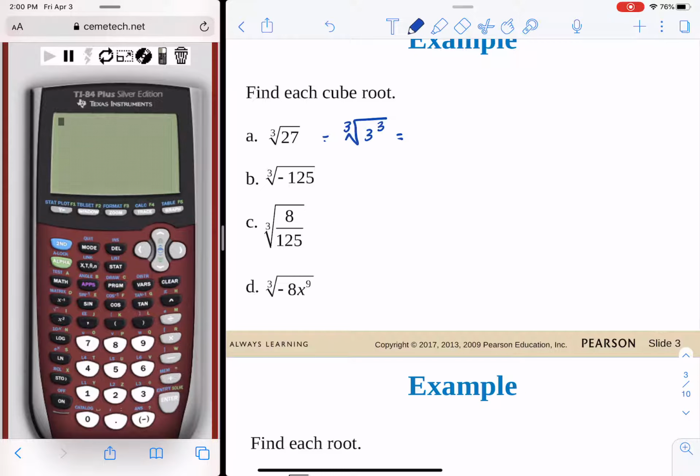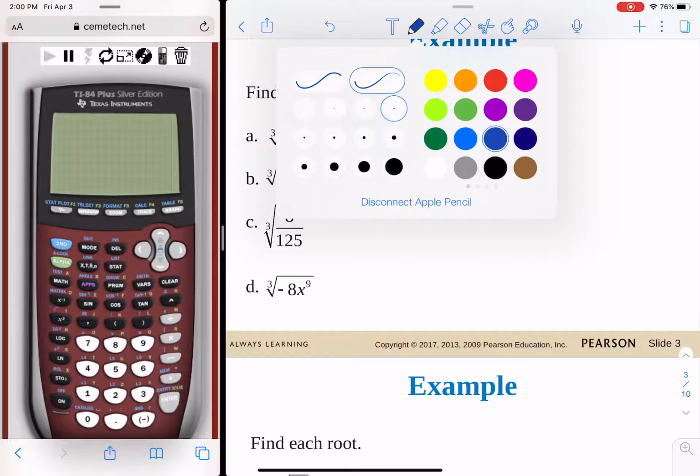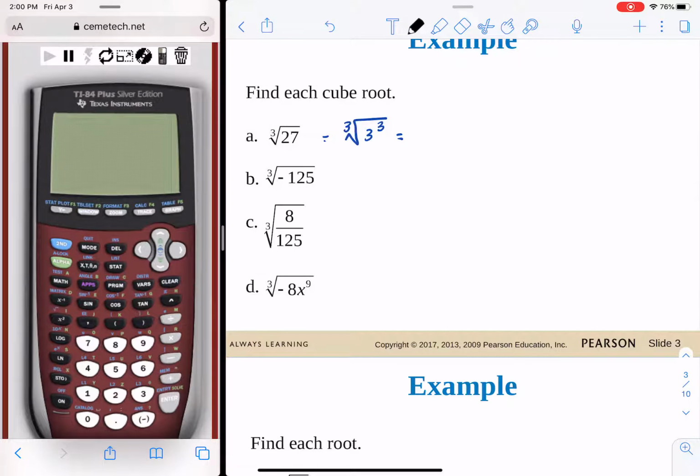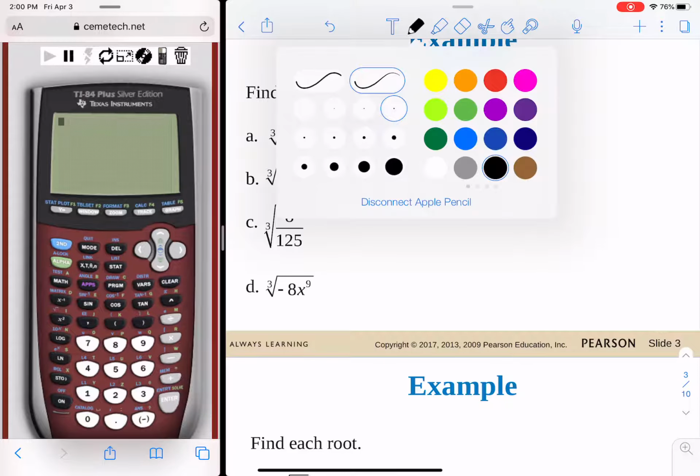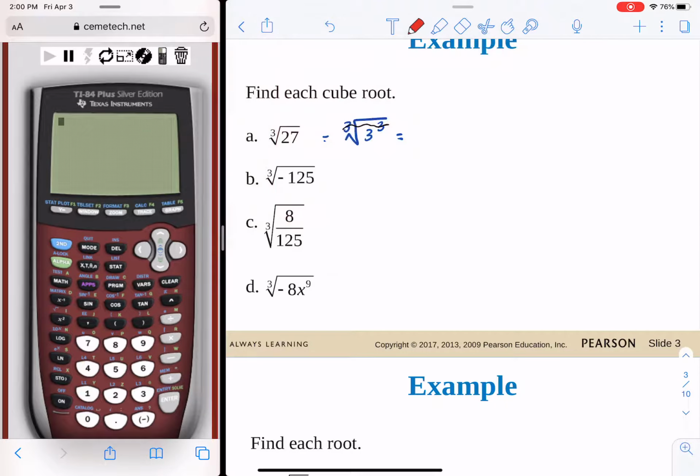The reason being 3 times 3 times 3 is 27. And just like with square roots, the third root and the third power would sort of go away. Again, I'm saying this so that we can understand this easily, but that is not the proper mathematical reason.